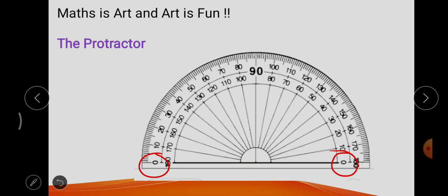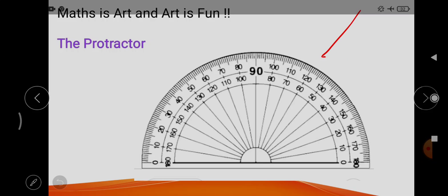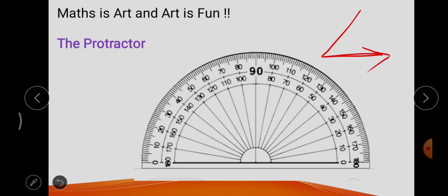Now why is it so? There is a big reason behind it, because when we measure an angle, an angle has arms, right? So in whichever direction the arm is falling, if it is falling in the right direction, you will measure from here, the lower angle set of the protractor.